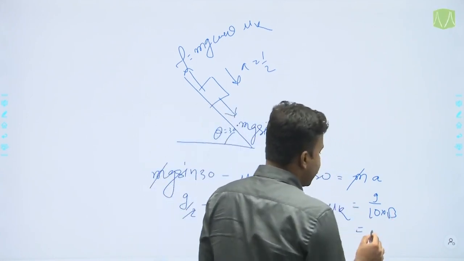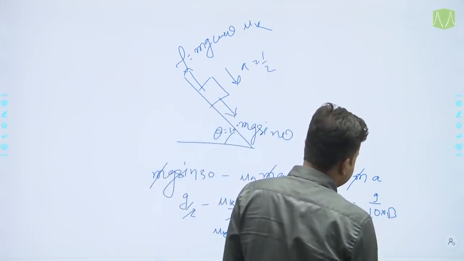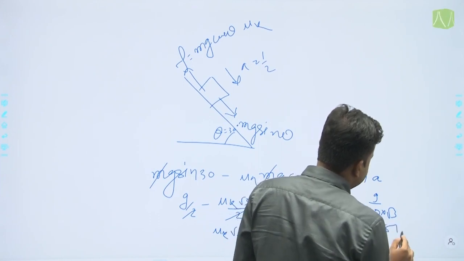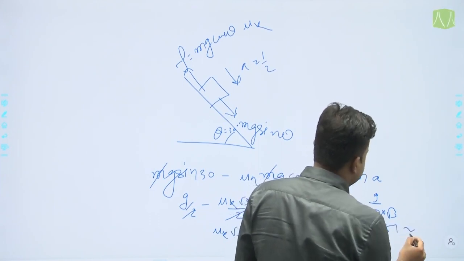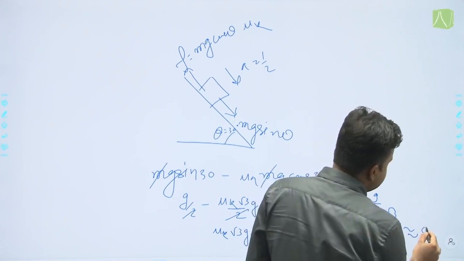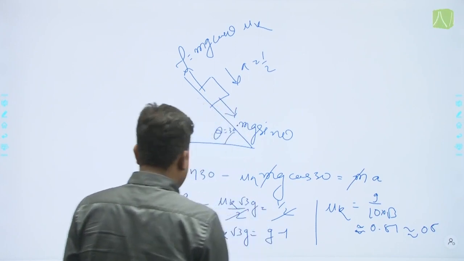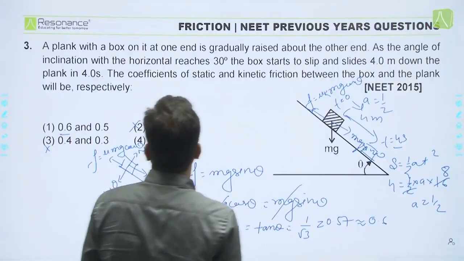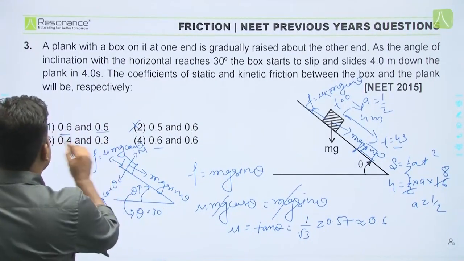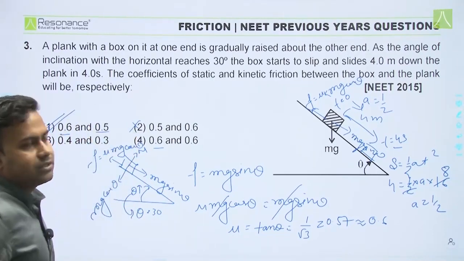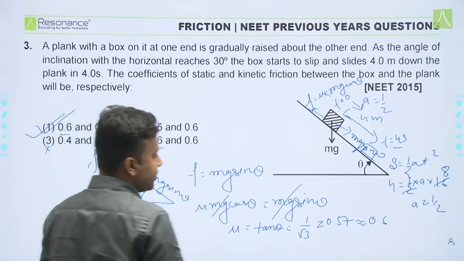Okay, so this will be approximately 0.51, or we can write it's 0.5. Understand? So the answer for this question is 0.5, so the first option is the answer.